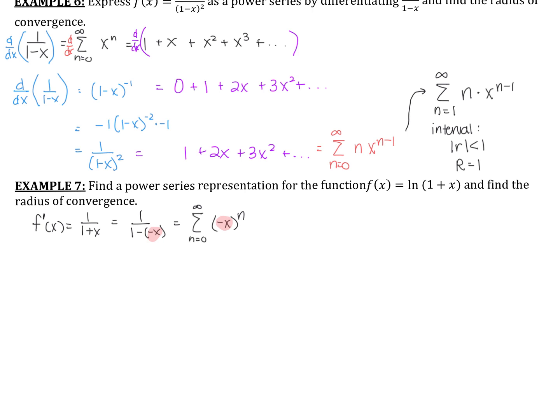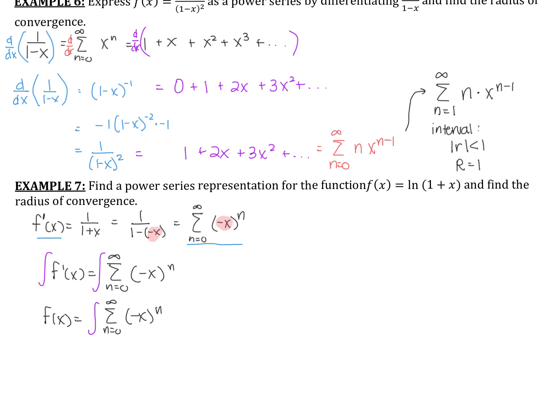Now, just like before, if this is my f prime of x, then if f prime of x is equal to this series from n equals 0 to infinity of negative x to the n, then if I want to find f of x, what I need to do is take the integral of both sides to find what f of x would be as a power series. So I need to take the integral of the series from n equals 0 to infinity of negative x to the n power.